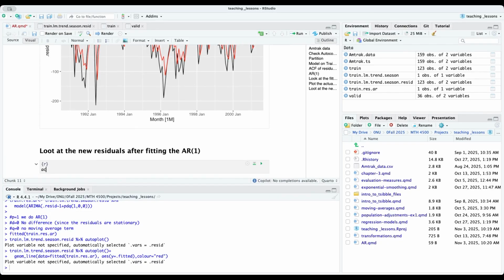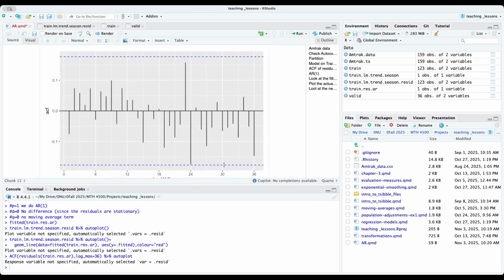We are going to go to ACF, and I'm going to look at the residuals of the train residual AR. Lag max, I'm going to have 36 again. And I'm going to graph this with autoplot. So this is what we have.